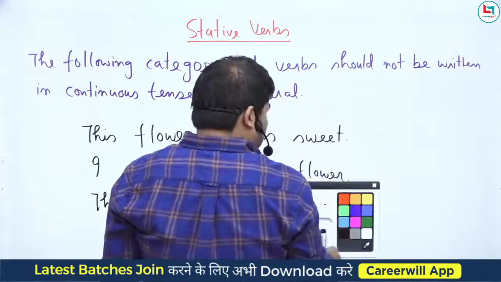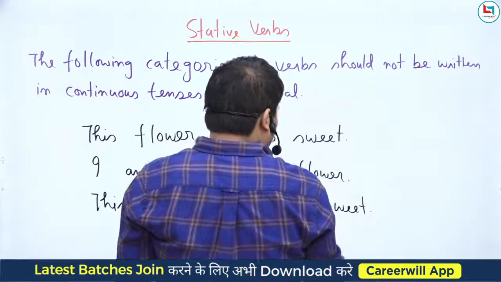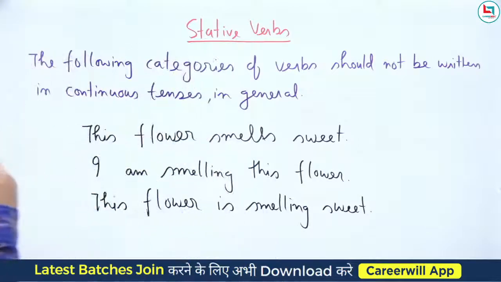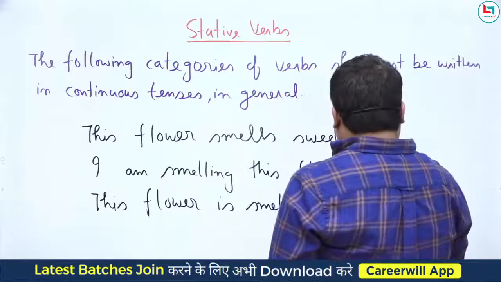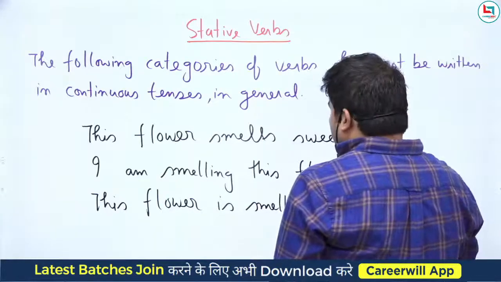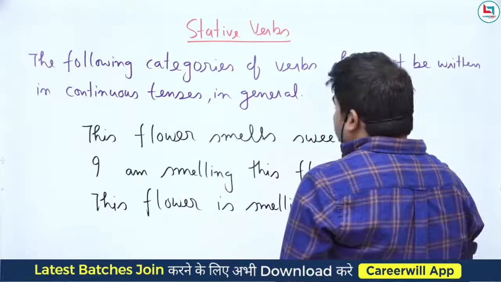If I ask you out of these three sentences, which one is correct, which one is incorrect, then what will be your call? What do you think? The flower smells sweet is correct. I am smelling this flower. This is also correct. And the flower is smelling sweet is incorrect.